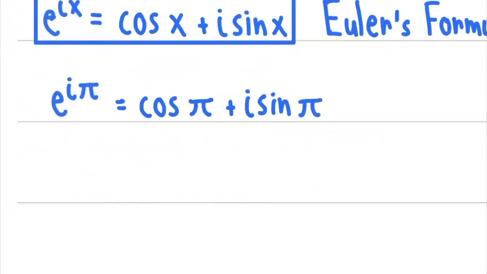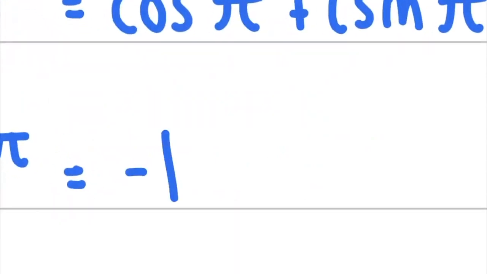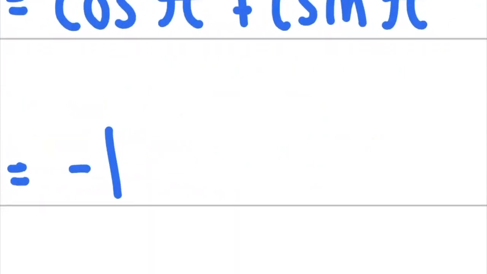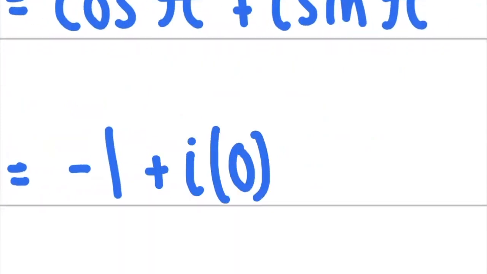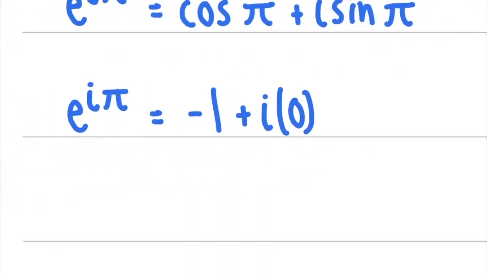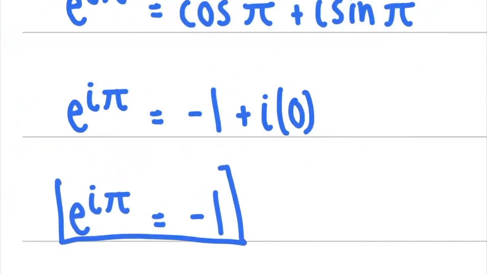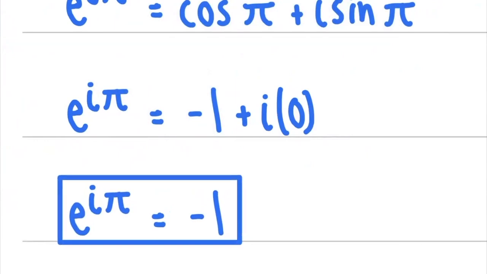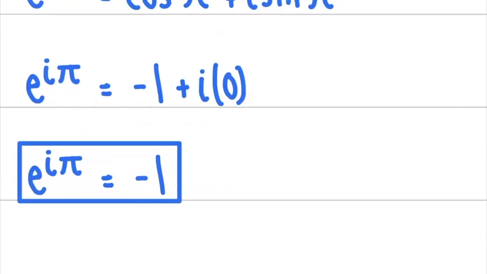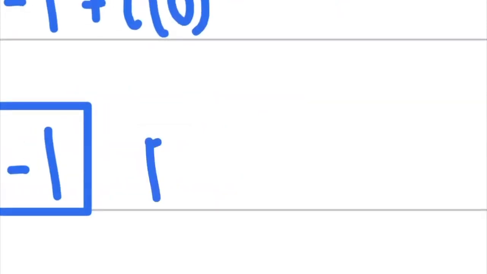So cosine of pi is just -1, and sine of pi is 0. So we have i times 0, and you're just left with e to the i pi equals -1. Very, very important identity. This is called Euler's identity.